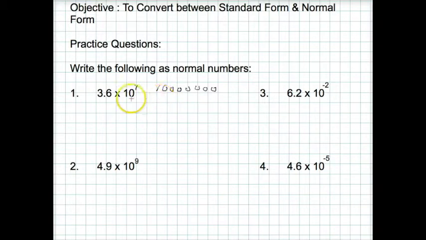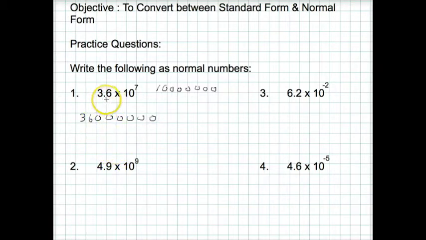When we're multiplying by a number with 7 zeros, we need to shift our digits 7 places to the left. So all we do is this 3 moves back 7 places. So we get 3, 6. Obviously if we're shifting these to the left, we've got to fill this in with zeros. 1, 2, 3, 4, 5, 6 zeros.